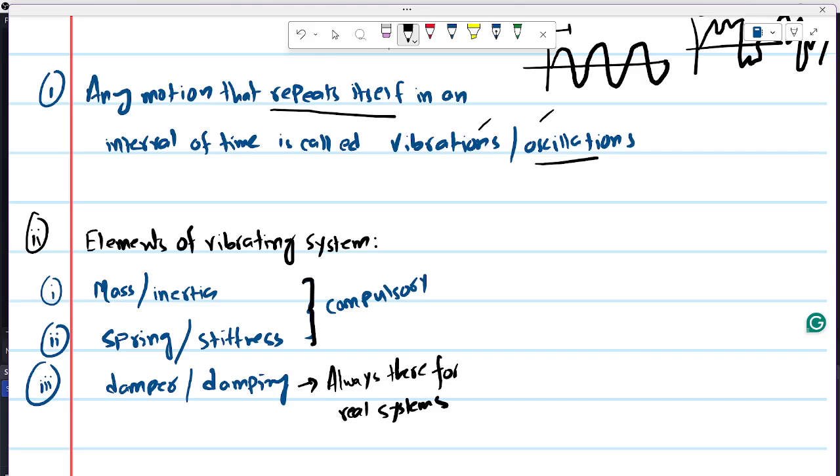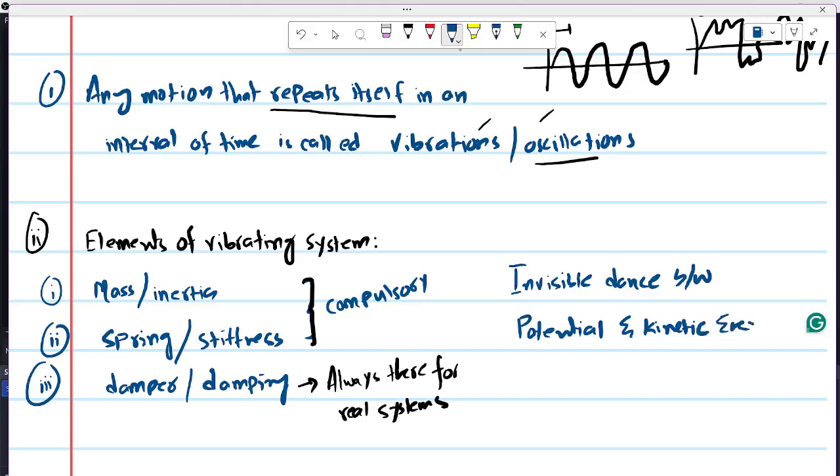I'll just explain it metaphorically. It's kind of an invisible dance between potential energy and kinetic energy, and I will explain what it means. They will keep on dancing like this.